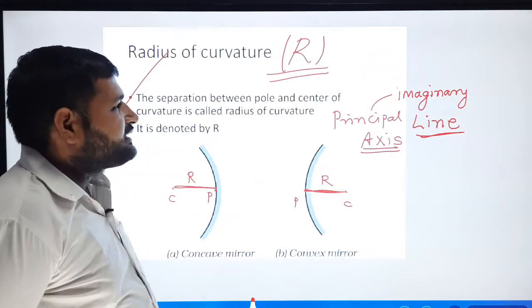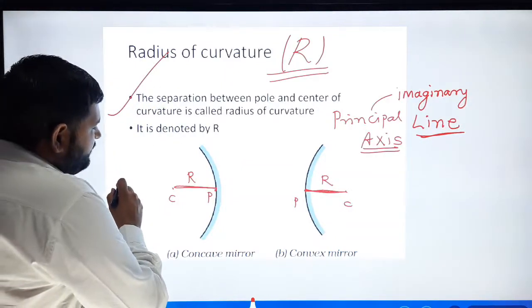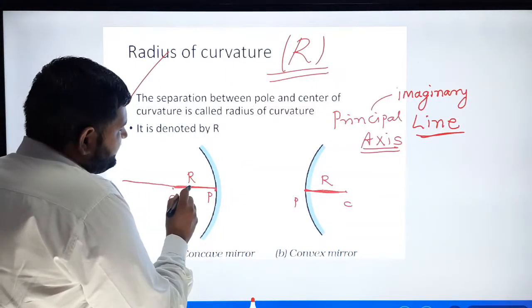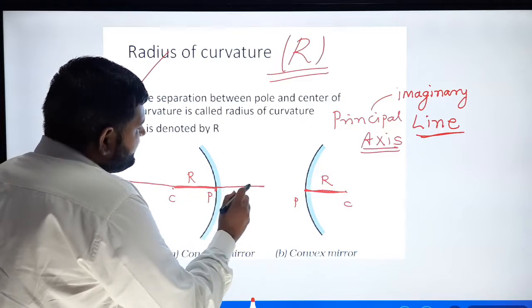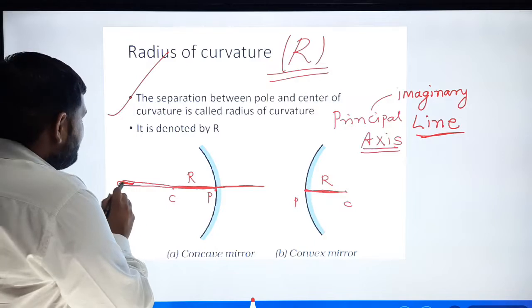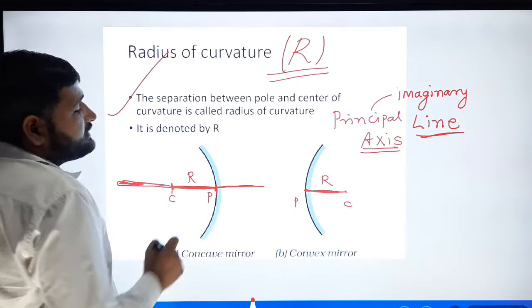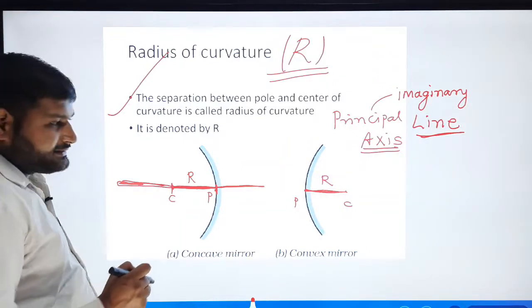And what is this imaginary line? The imaginary line which joins the center of curvature and pole. The imaginary line joining the center of curvature and pole is called principal axis.